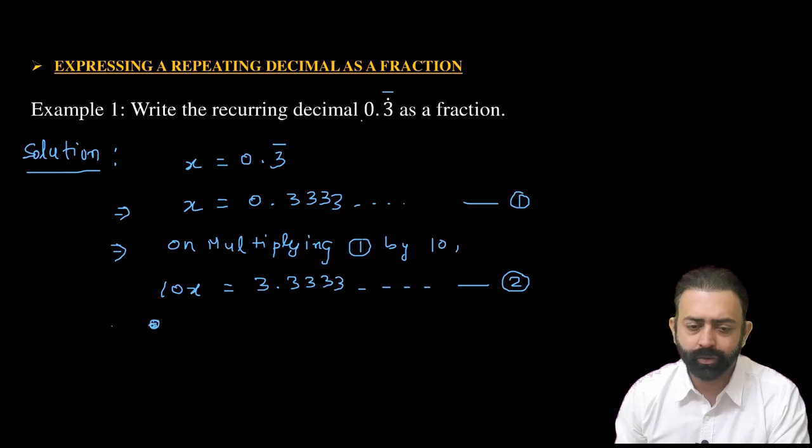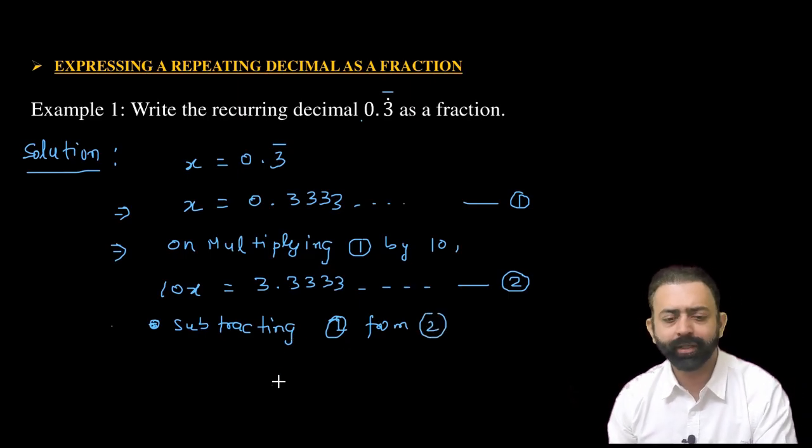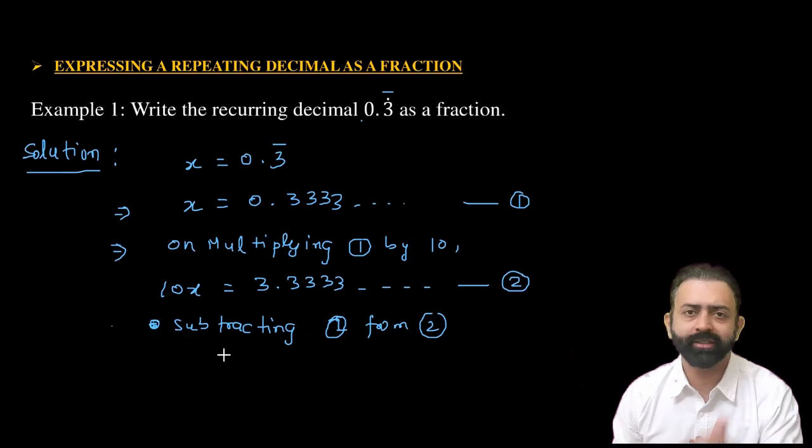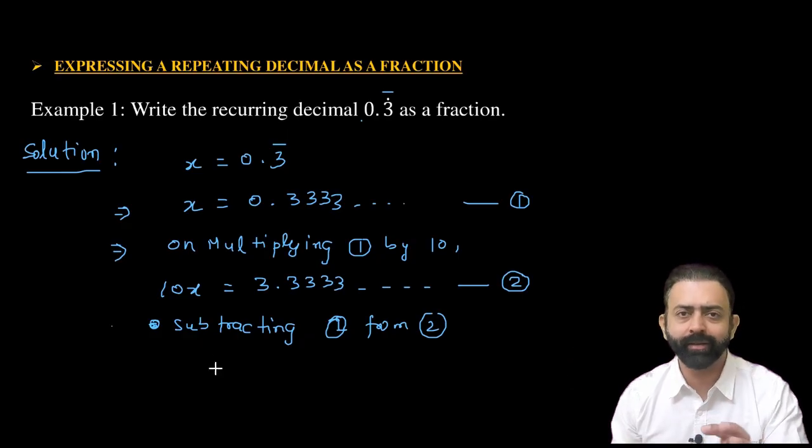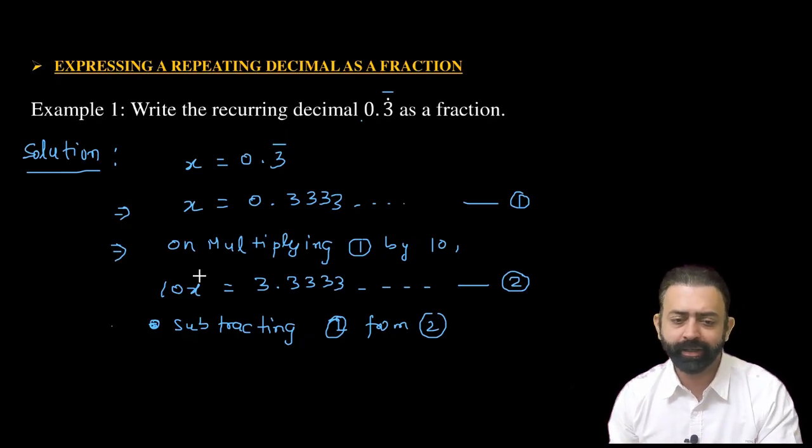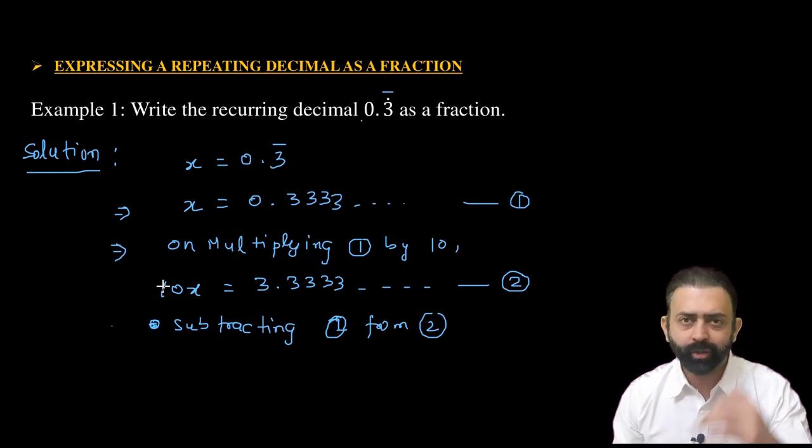Okay, so subtracting equation 1 from 2. In order to do so, let us rewrite these equations so that the subtraction becomes very clear. If I say that we are subtracting the above equation from below, it becomes difficult to match the digits.